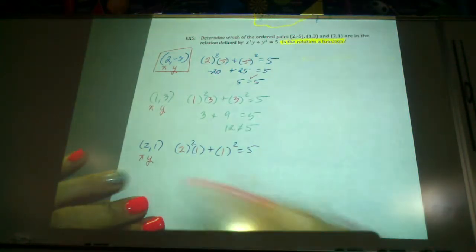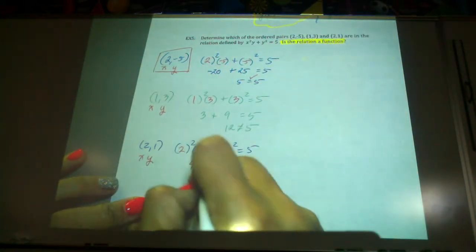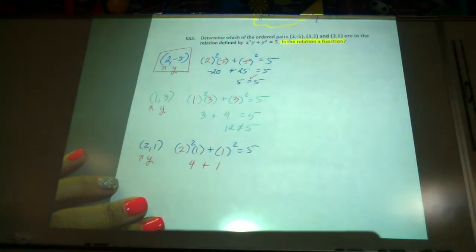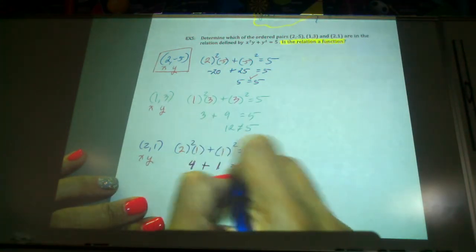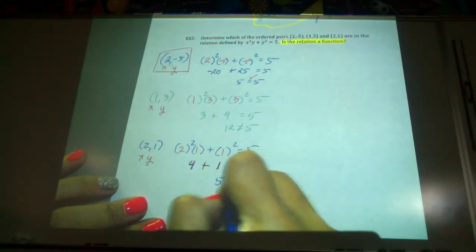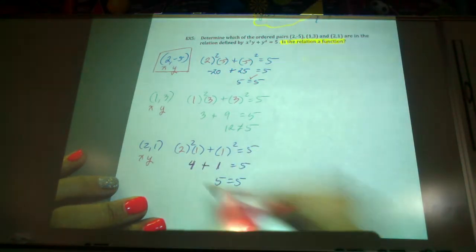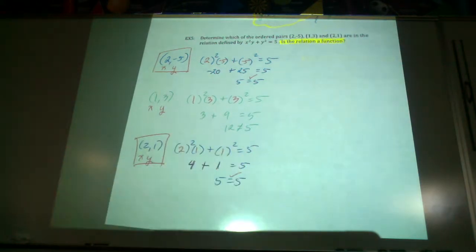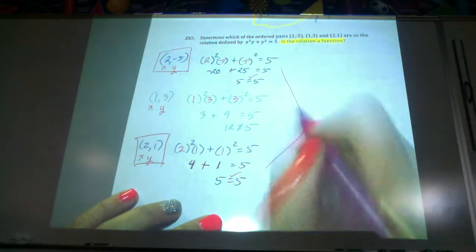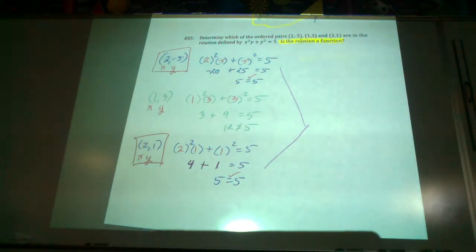So 2 squared is 4, times 1 is 4, plus 1 squared is 1, is equal to 5. So again, don't stop short. 5 equals 5, you're proving it. It checks. So those are the 2 ordered pairs out of the 3 that they gave you that work. The question is, is this relation a function? Yes or no?